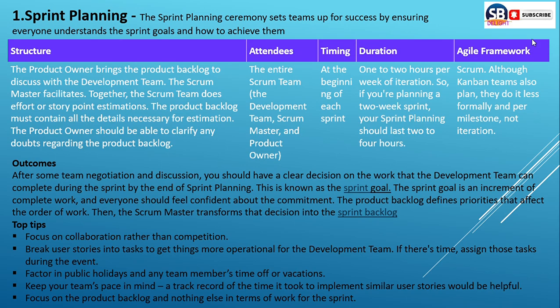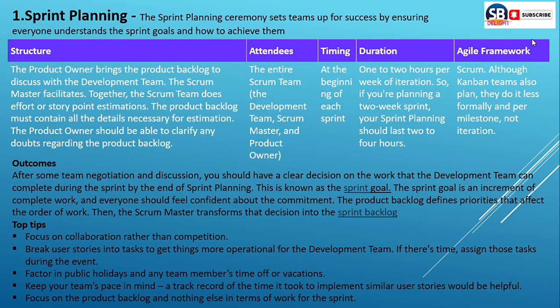Timing means at the beginning of each sprint, when we are going to start the sprint. Duration means 1 to 3 hours per week of iteration. So if you are planning a 2 week sprint, your sprint planning should last 2 to 4 hours.